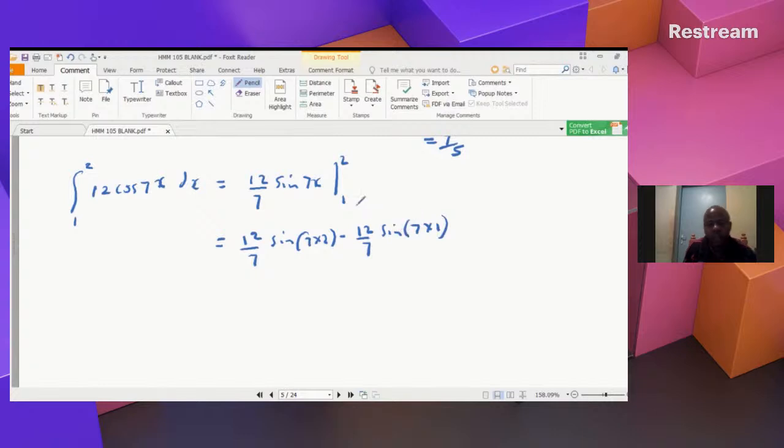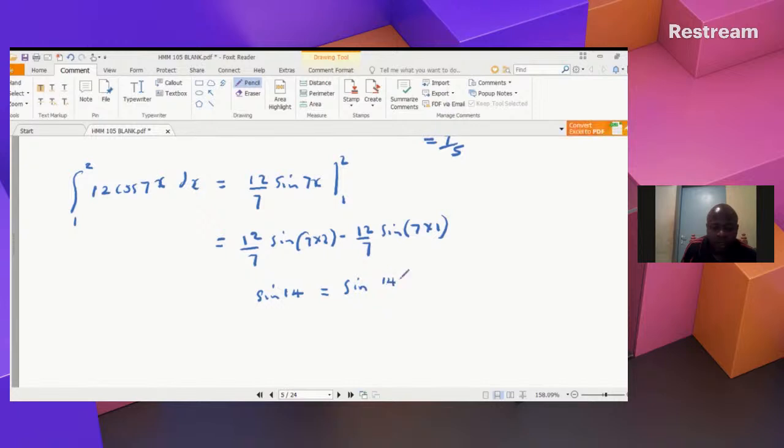But what we notice is that 1 and 2 are not angles. So you see the angles must be in radians. So sine 14 is the same as sine of 14 radians.